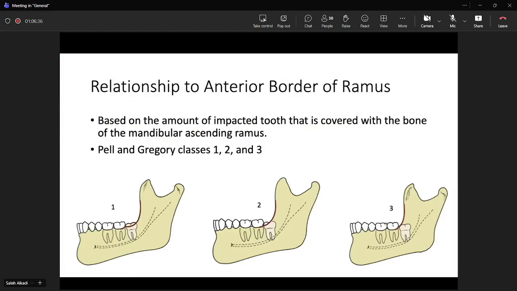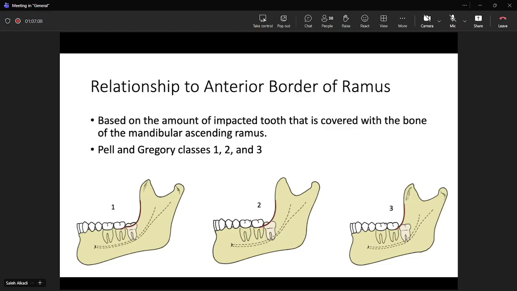After that, Pell and Gregory came up with another classification, and this classification depends on the surrounding structures, not on the angulation. The surrounding structures here are the anterior border of the ramus and the lower second molar. They classify these impacted wisdom teeth into 3 classes based on the amount of tooth covered within the bone of the mandibular ascending ramus.